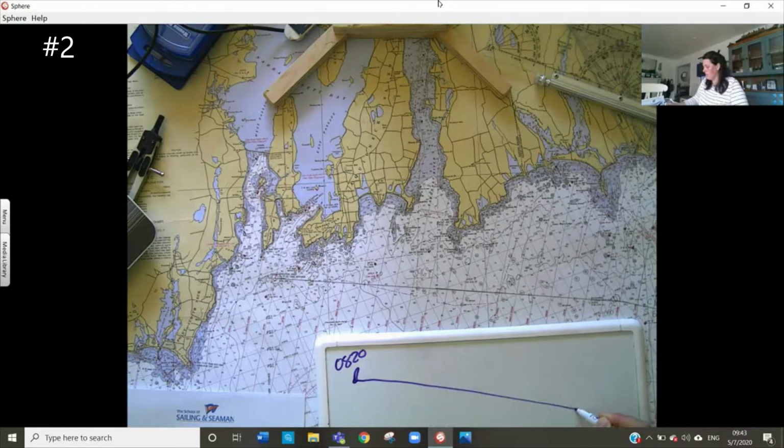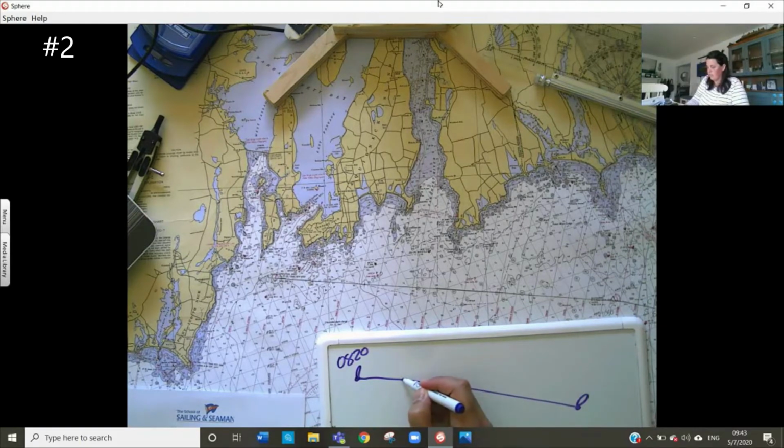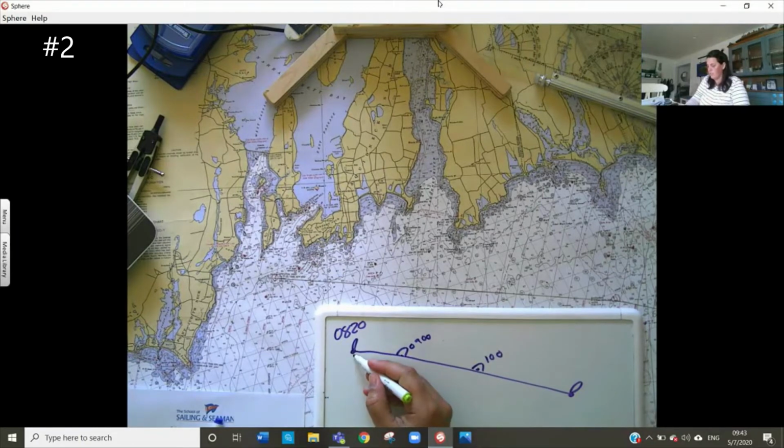I'm going down to Buzzard's Light, and I have a 9 o'clock, a 10 o'clock. So my entire distance on this line is 16 nautical miles. So it asks us what is our ETA.